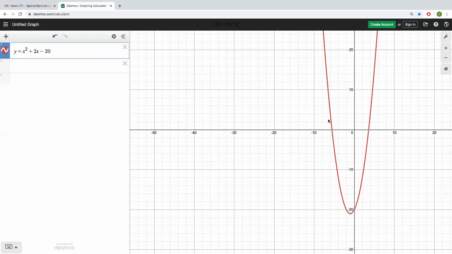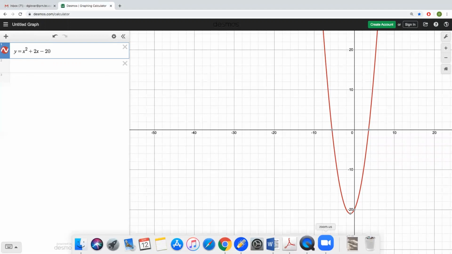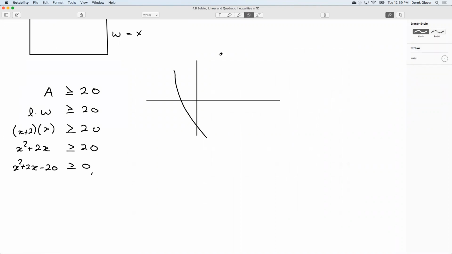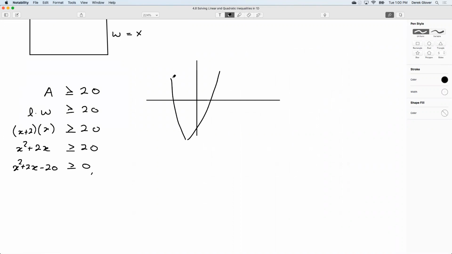All right, so if we go back and we want to graph this, let's draw a quick sketch so we don't have to constantly bounce back and forth between these two. We've got a graph that looks something like this. It doesn't really matter for now whether the vertex is on the right or left of 0. We've got a point here and a point here.